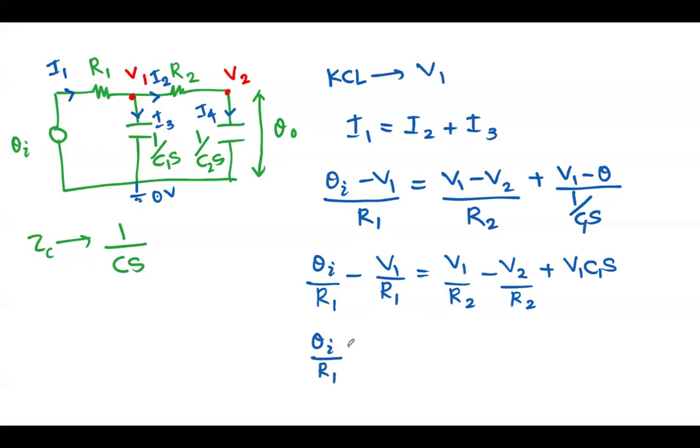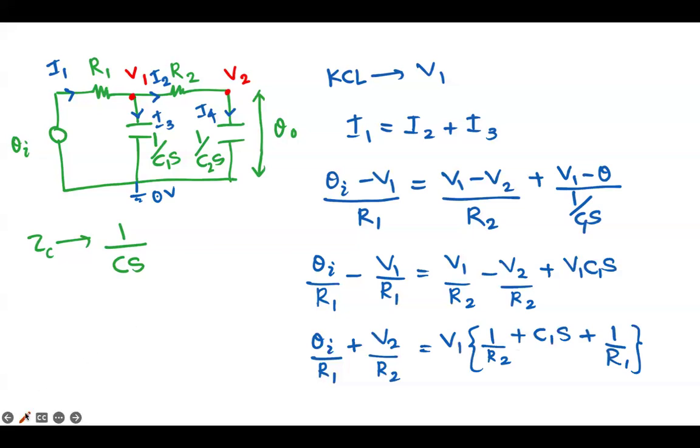Theta I over R1 plus V2 over R2 is equal to V1 times 1 over R2 plus C1s plus 1 over R1. This is my first equation.